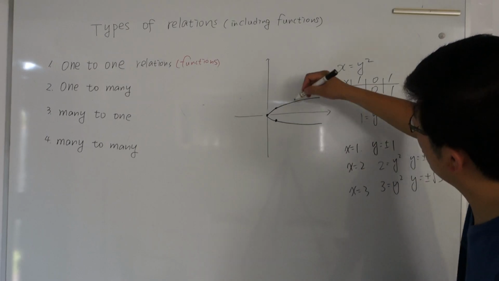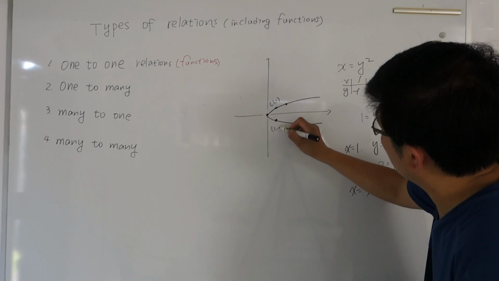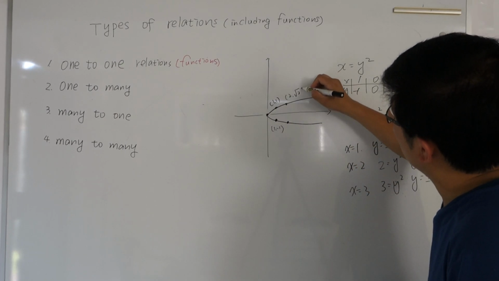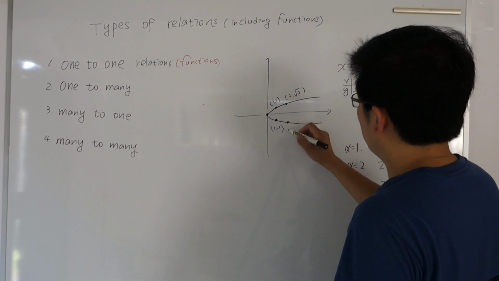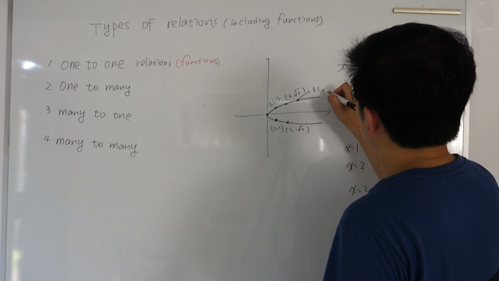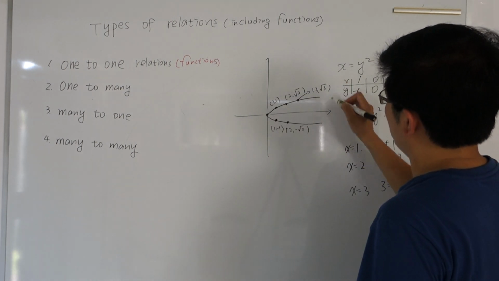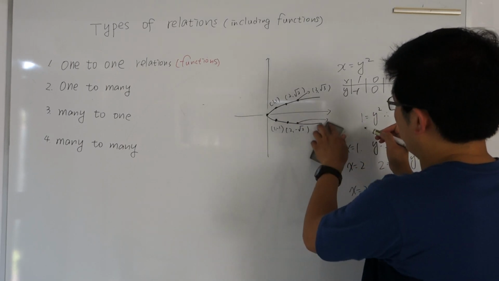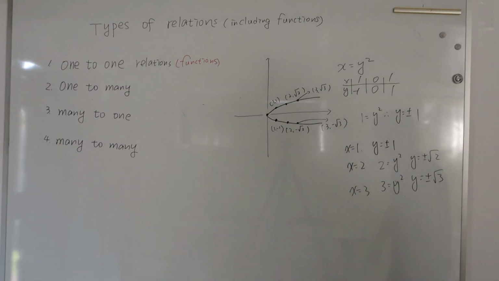So here is (1, 1), here is (1, negative 1), here is (2, square root 2), here is (2, negative square root 2), here is (3, square root 3), here is (3, negative square root 3), right? Okay, it's clear now?